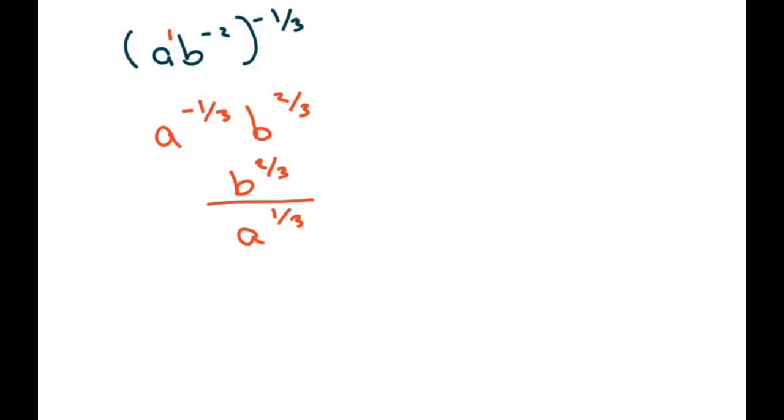Alright? So we have an exponent in the denominator, so what I can do is multiply my numerator and denominator, as long as I do the same, by a to the 2/3 over a to the 2/3, because this equals 1.